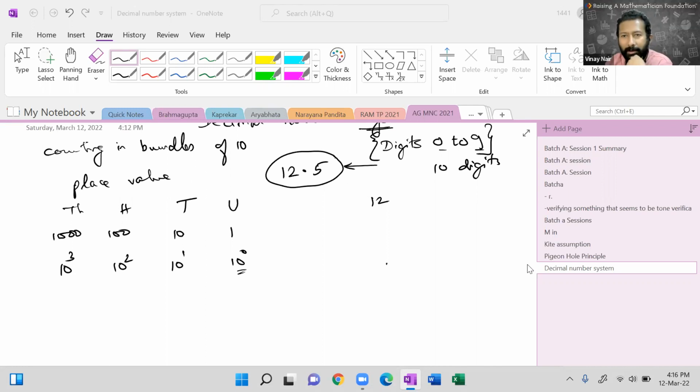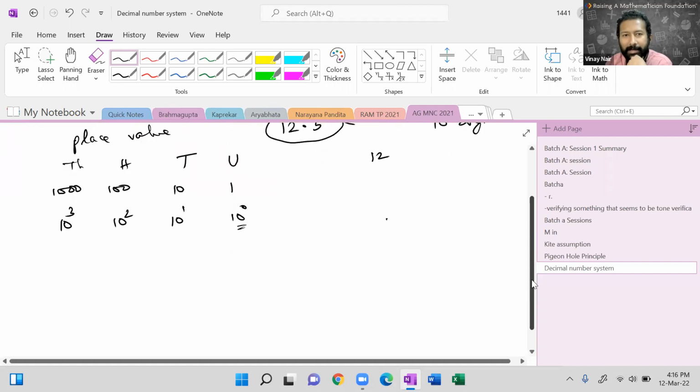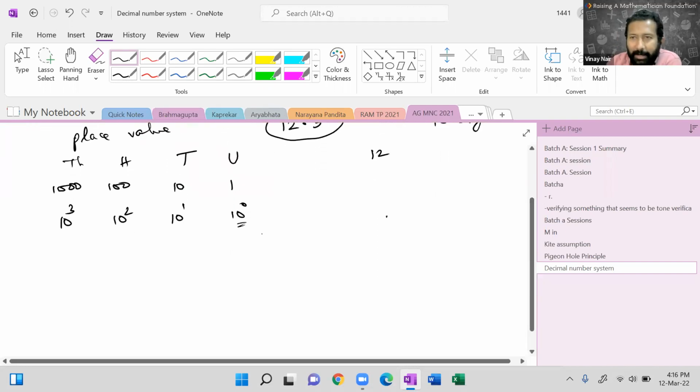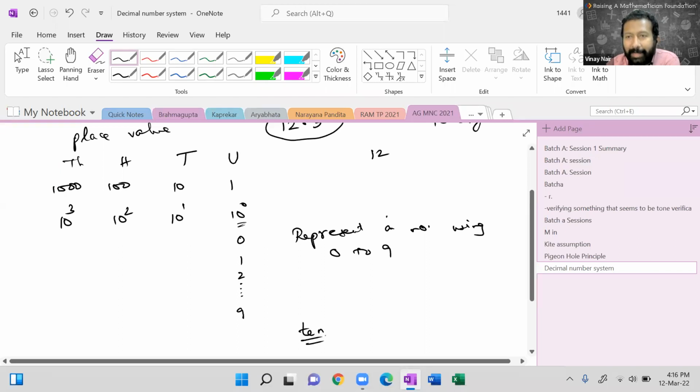Okay. All right. So what you guys said is in some sense correct, but let me just try to elaborate. So if you want to represent a number using 0 to 9, you can write 0, 1, 2, 3 all the way up to 9, but to represent the count 10, when I'm saying 10, I mean the count 10, not 1 0.